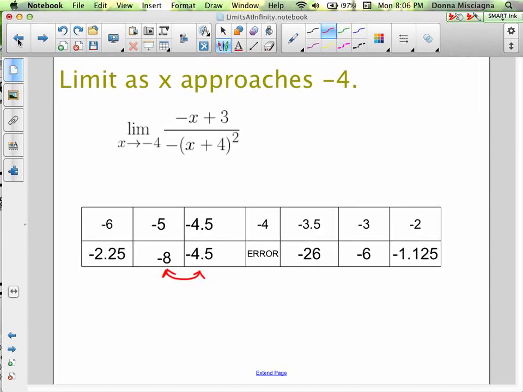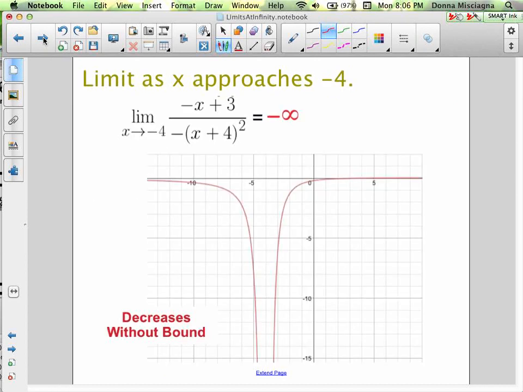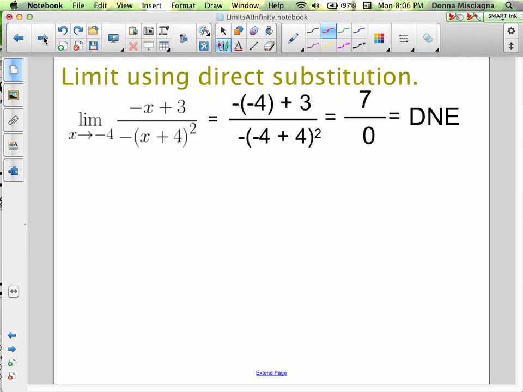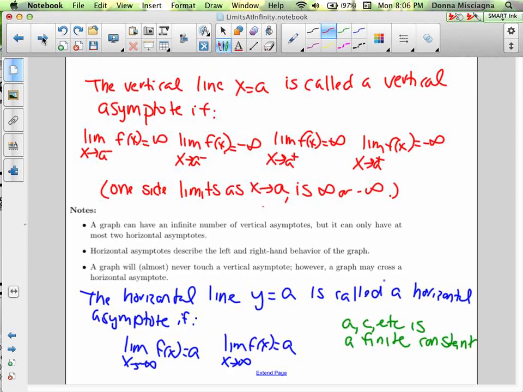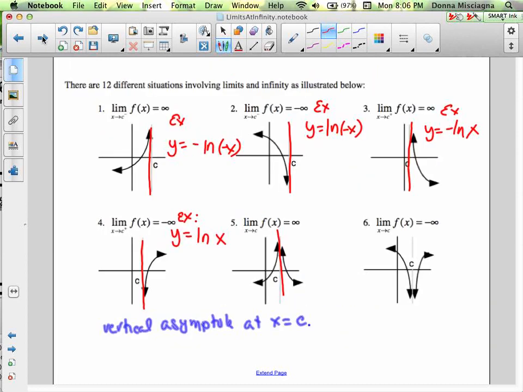So here with the negative in front, that one approached negative infinity from both sides. Without the negative, our function approached positive infinity from both sides. And that's because that denominator, the squared part in parentheses there, was always going to be positive. And so now that negative is going to change whether it's approaching positive or negative infinity.